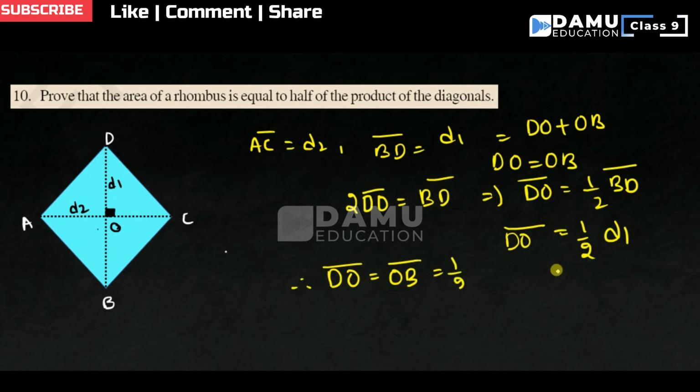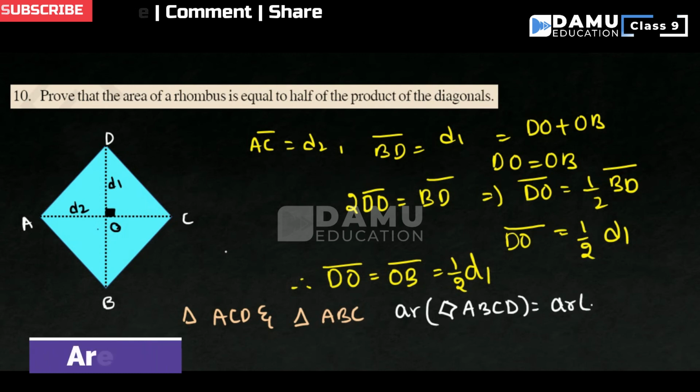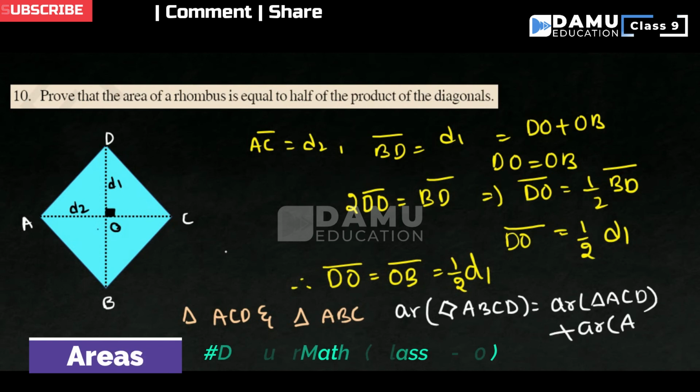Therefore DO will be equal to OB, equal to D1 by 2. Let's consider the triangles ACD and ABC. The area of rhombus ABCD will be equal to area of triangle ACD plus area of triangle ABC.